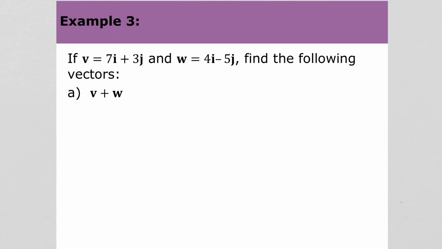For example 3, adding v plus w in rectangular form would be (7 plus 4) i plus (3 plus negative 5) j, adding the x values.